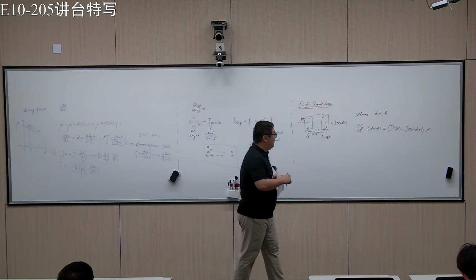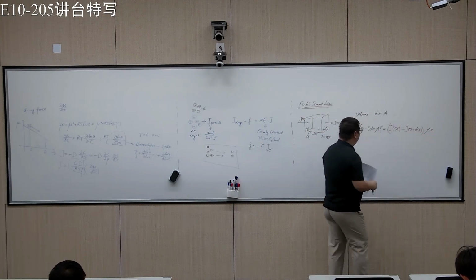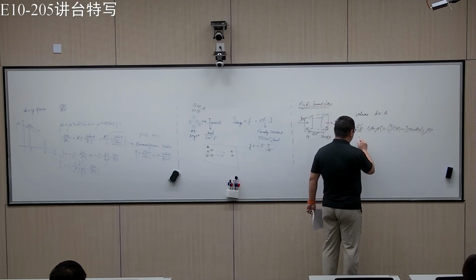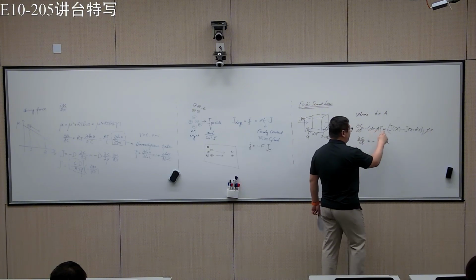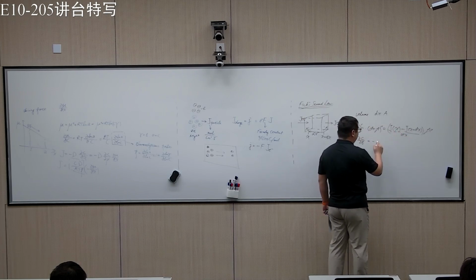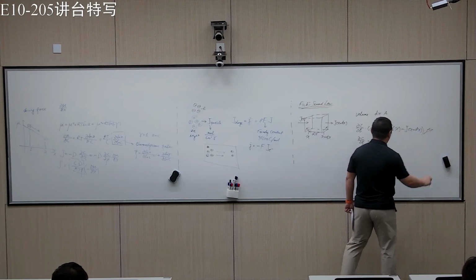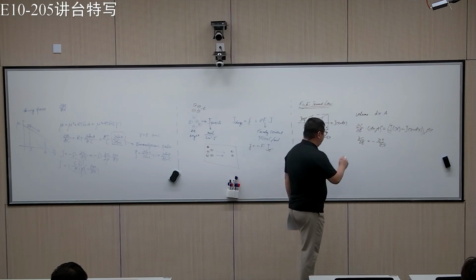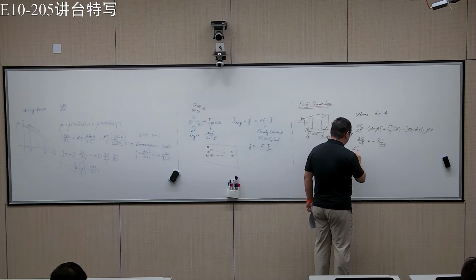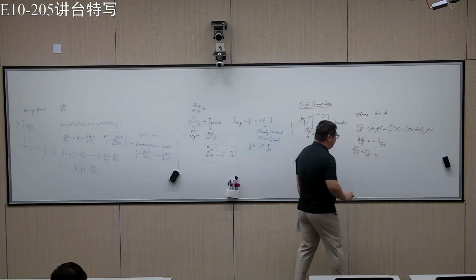The A can be cancelled out. If I divide by dx, this will be a partial J, partial x. So we have partial J, partial x plus partial C, partial t equals 0.